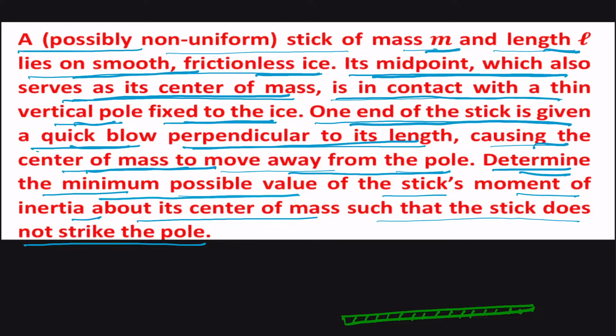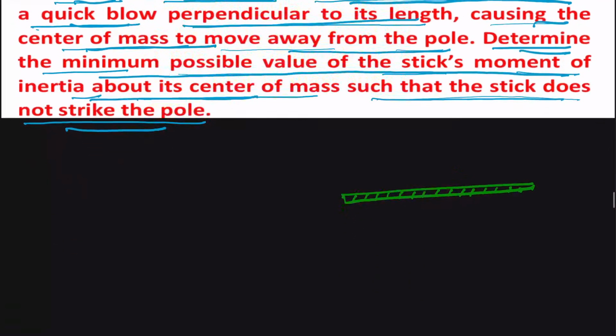Determine the minimum possible value of the stick's moment of inertia about its center of mass such that the stick does not strike the pole. For that we have drawn a stick, and in this I have drawn a uniform stick, but ideally it is non-uniform, and how it is non-uniform is not mentioned, so that doesn't matter at all.